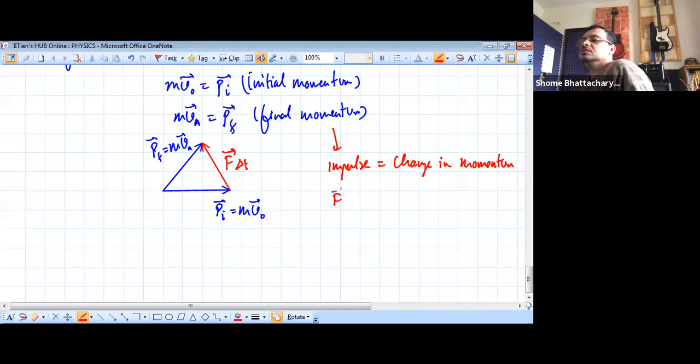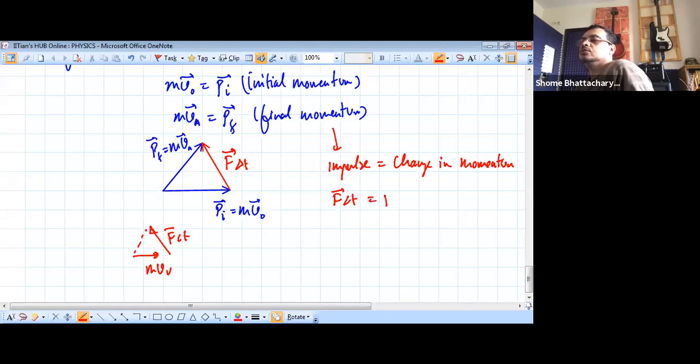But this time you can see, because the impulse has acted in a direction which was not opposite to the initial momentum. The initial momentum was in this direction, but the impulse acted like this. It didn't act opposite to it. So it also changed the direction of the final momentum.